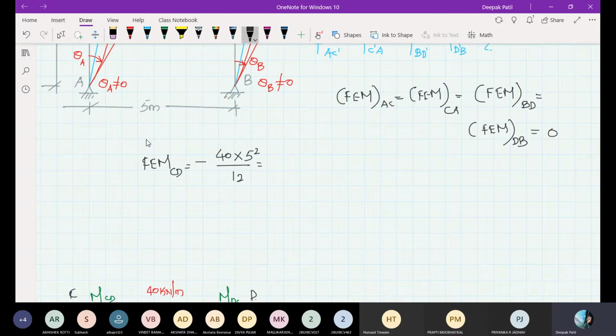So you are getting minus 83.3 kilonewton meter. And similarly, fixed end moment DC will be equal to plus 40 into 5 square by 12, so that will be plus 83.3 kilonewton meter.